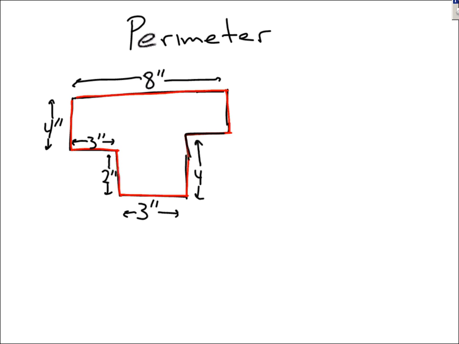That is, we need to figure out how long that length is and how long this one is, this one and that one, because we haven't been told that information.